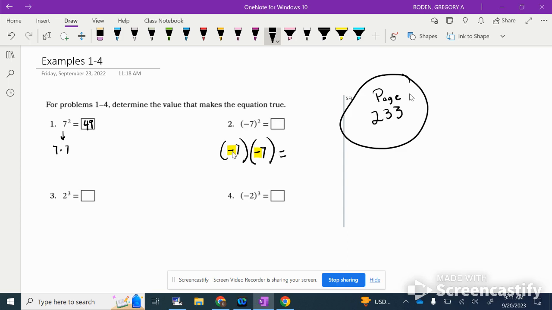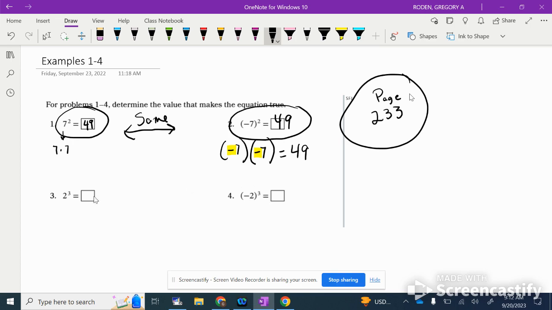So this is going to be, and 7 times 7 is 49. Here's an interesting thing, guys. They have the same answer. 7 squared is the same answer as negative 7 squared. So when you square a number, class, you lose your negative.